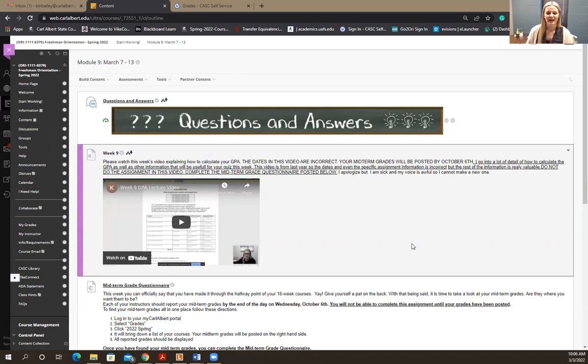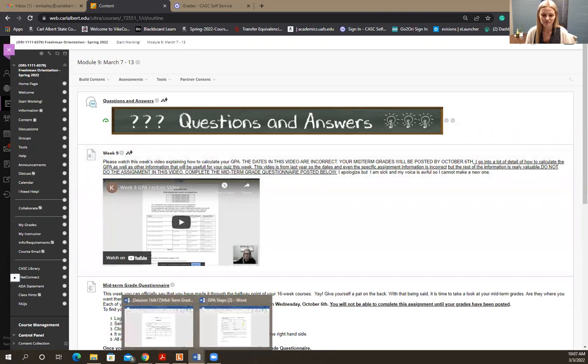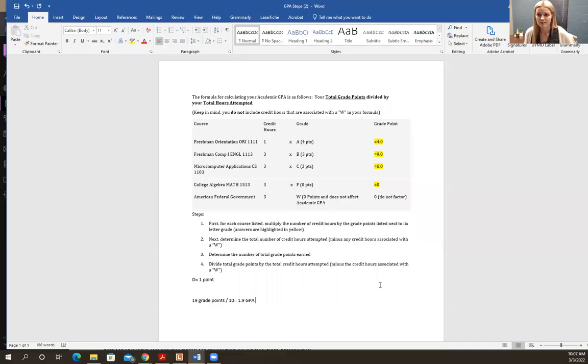We are going to look at how to calculate GPA this week. Calculating GPA is important for several reasons. One is GPA affects so many things. You have to have at least a 2.0 to be able to graduate. You have to maintain a certain GPA, as you all know, to continue to receive financial aid.